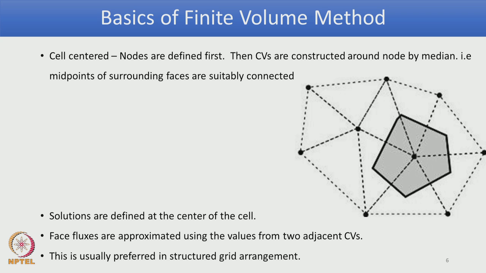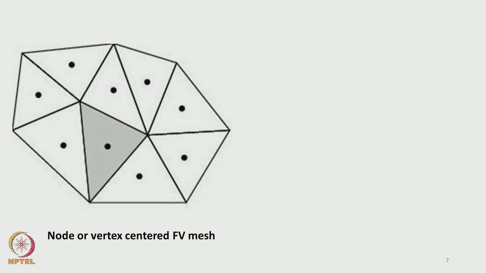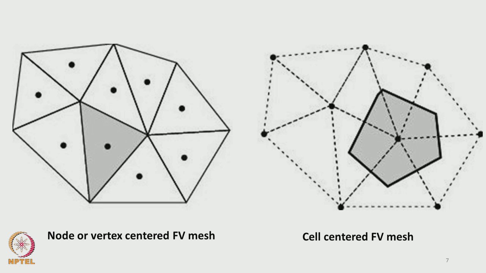So, you can have a finite volume mesh in both structured as well as unstructured mesh arrangement. If I put both these mesh arrangements together, this is a node or vertex centered finite volume mesh, and this is a cell centered finite volume mesh. By now, you should be able to appreciate the difference between these two types of mesh. In this the vertex is the center of the volume, and in this the cell is the center of the volume.